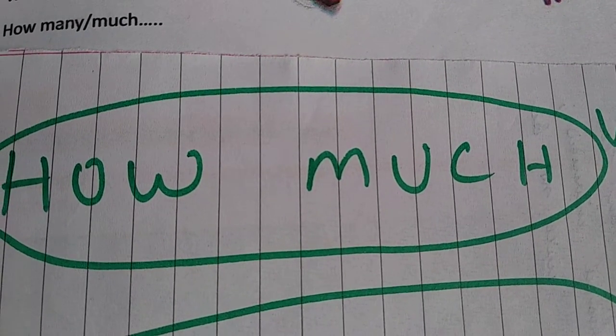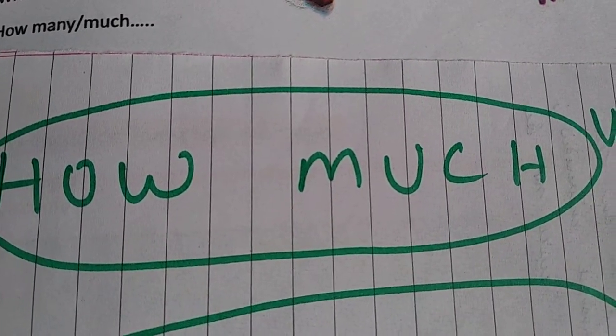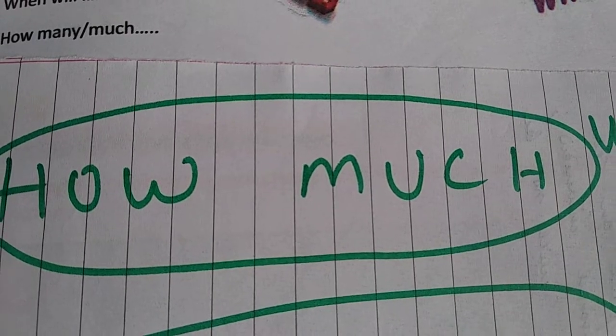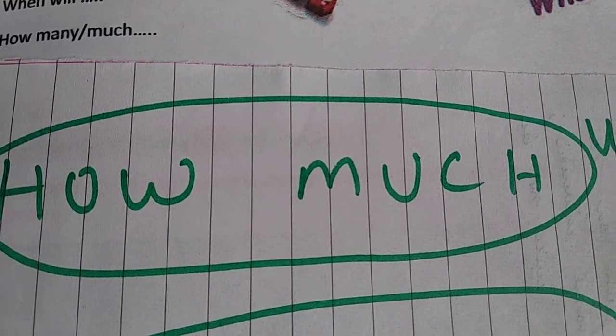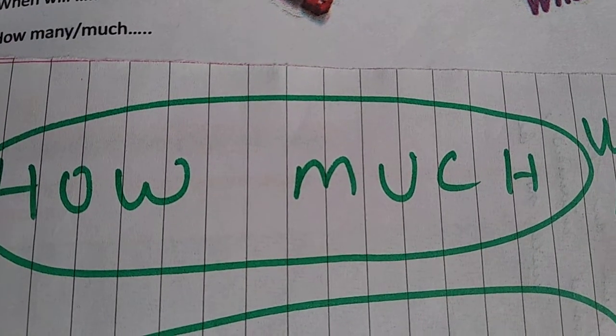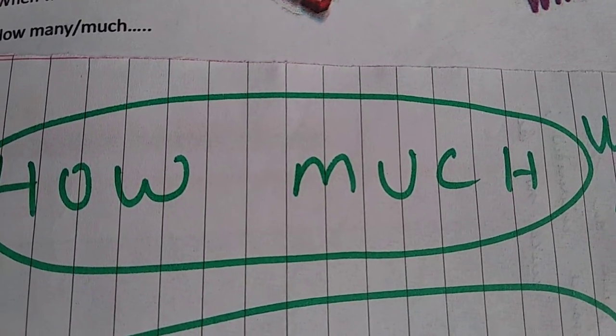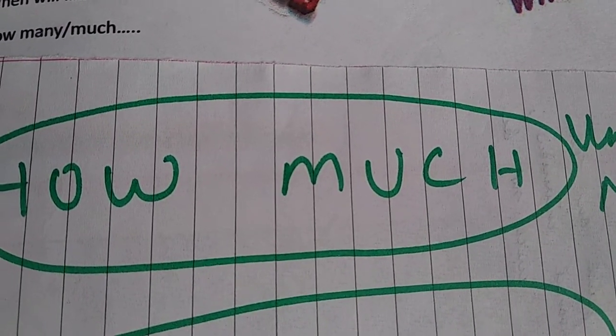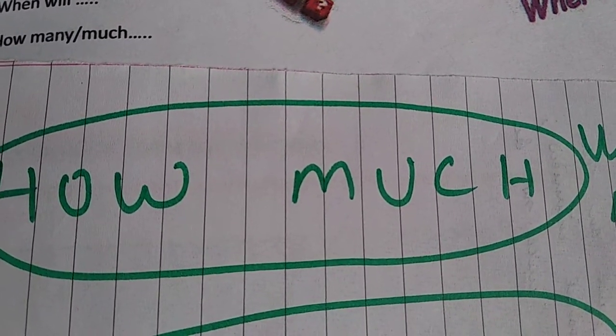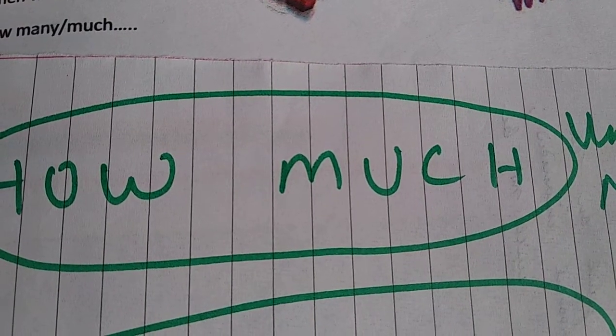You should say instead, how much did you get? How much is enough. Even the word mark is not required. You get a number, 65, 75. So that is how much did you get, not how many marks.